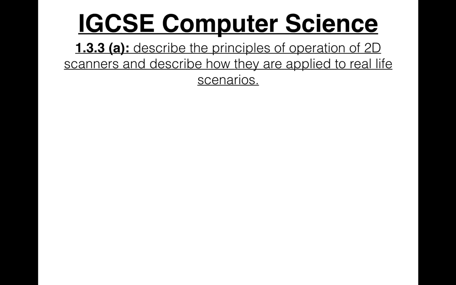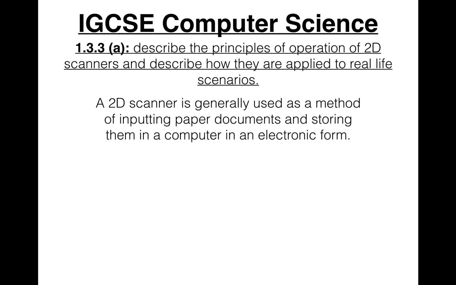So there are quite a lot of devices that we have to cover in this topic, but hopefully we'll get through. Alright, so a 2D scanner is something I'm pretty sure everyone has heard of or used, and it's pretty much something that can scan or input a physical object, usually paper documents, and store them in a computer in an electronic form, such as a PDF or a JPEG.